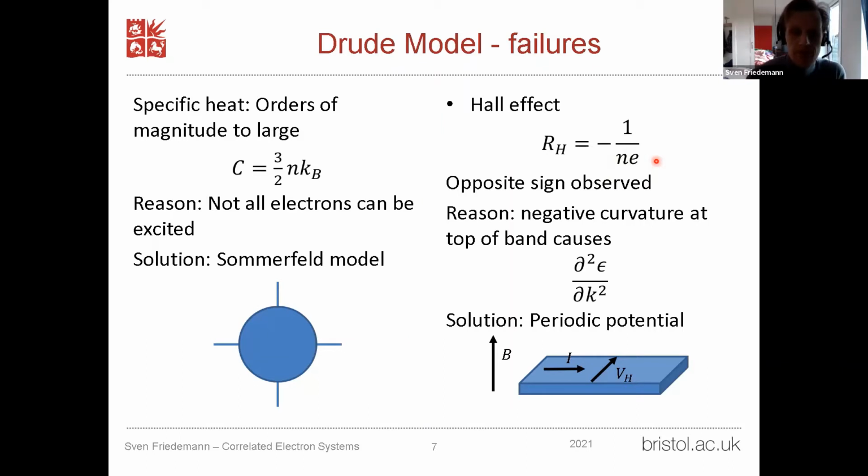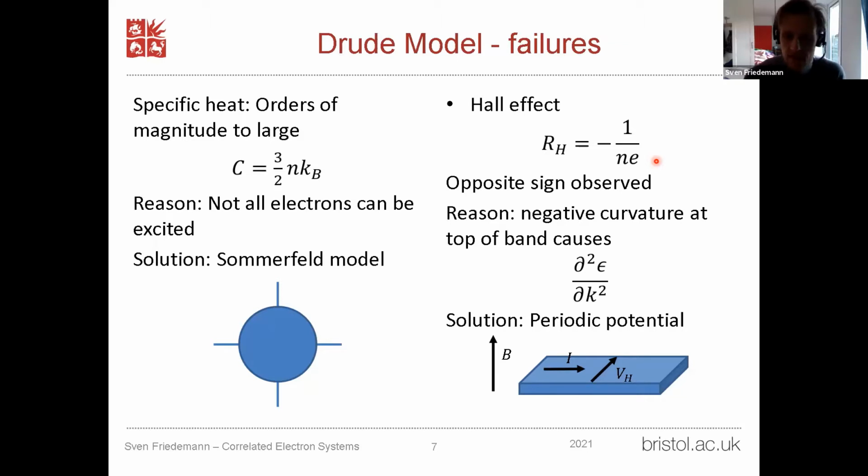This is not a complete failure, but what it tells us is that we would certainly not expect any metal to display a positive Hall coefficient. We would expect that all metals should have a negative Hall coefficient, and it should be just a reflection of how many electrons are free to move around.